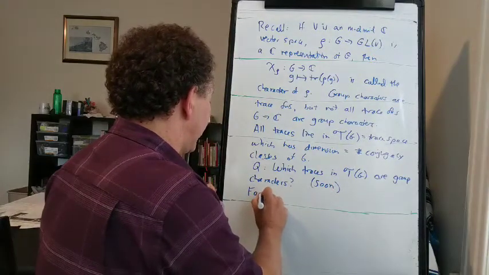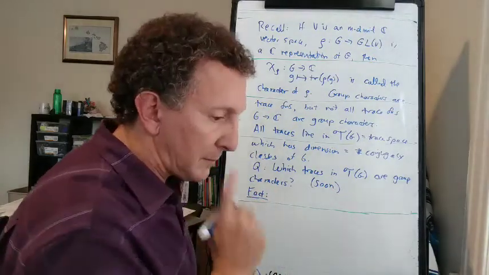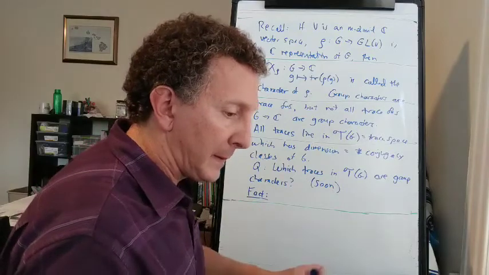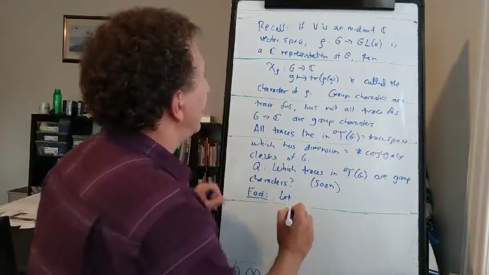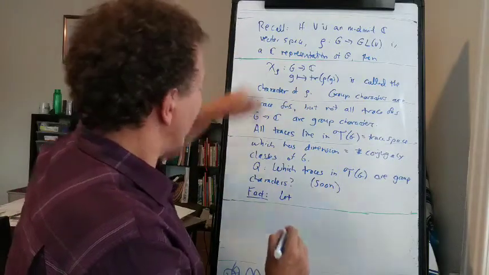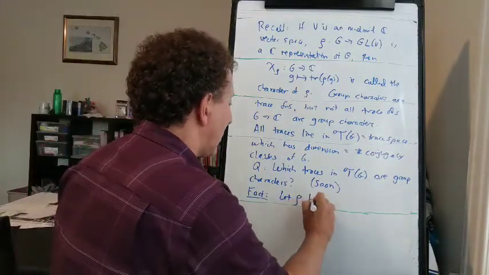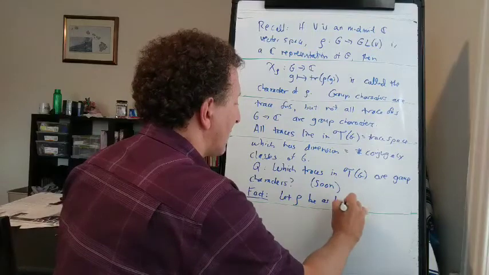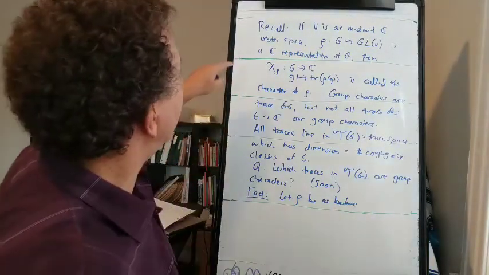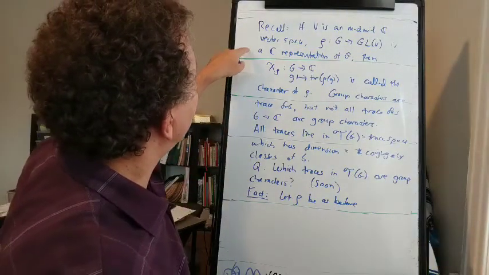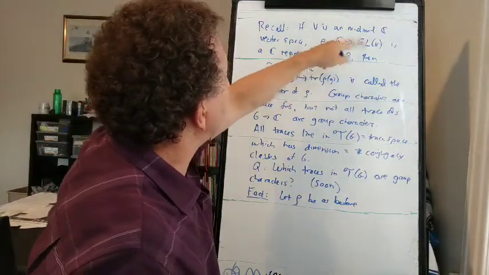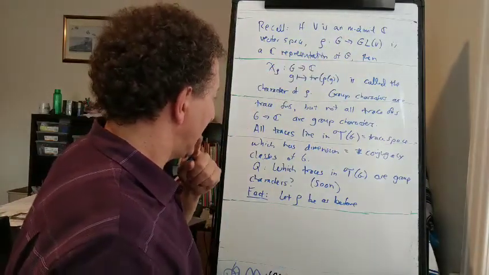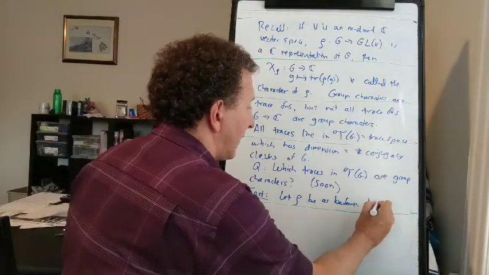But first, a fact. Let's define rho as before. And rho is a map from G to an m-dimensional complex space.